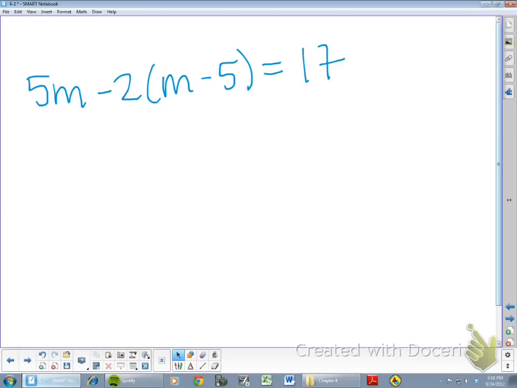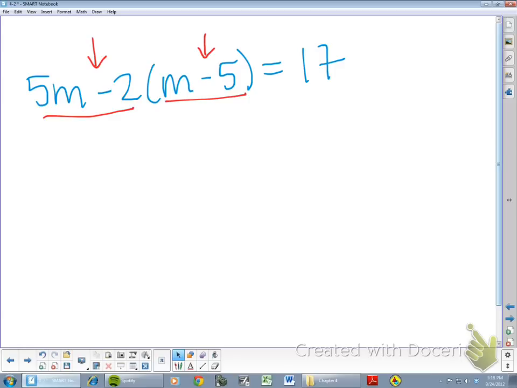Okay, let's do another problem. Let's say it's 5m minus 2 times m minus 5. That has to be equal to 17. All right, so we have a little bit of work here to do on the left-hand side. Now, remember, the first thing I want you to do is use keep, change, change to change all the subtraction into addition. Here's a subtraction problem, and after you get that, you're supposed to multiply it by that.